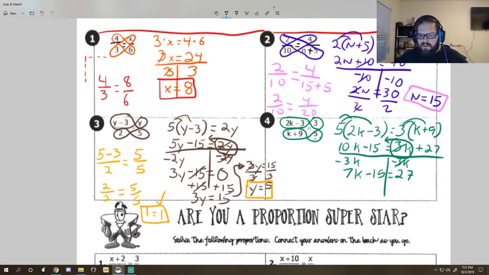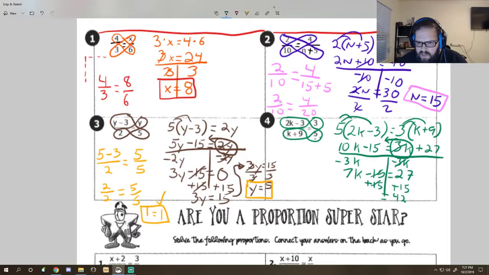All right, so now in order to get rid of this 15, I have to move it to the other side. So I add 15 to this side, and I add 15 to the other side. So 15 plus 27 is going to give us 42.